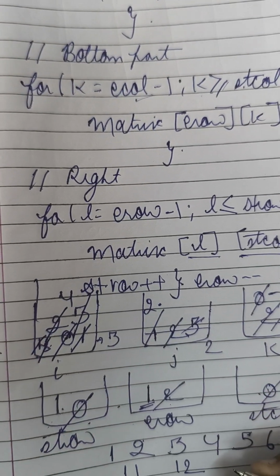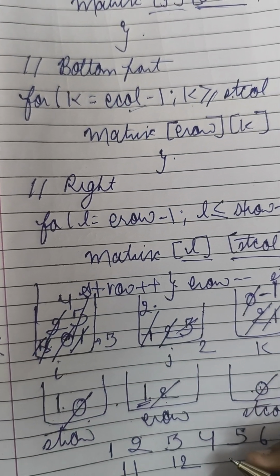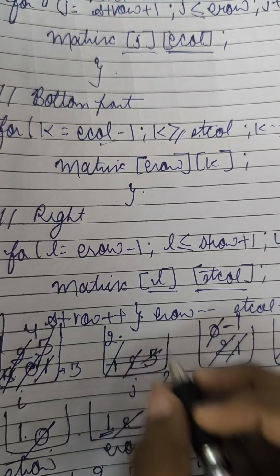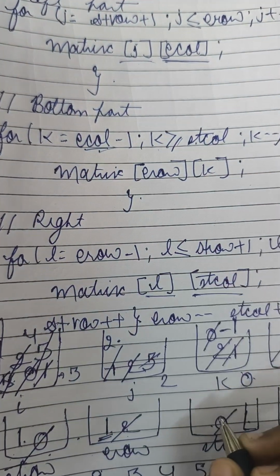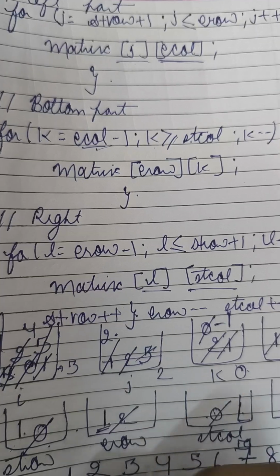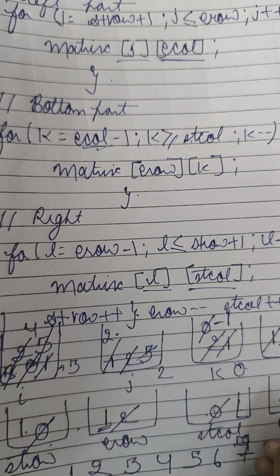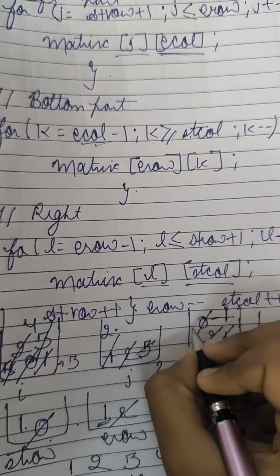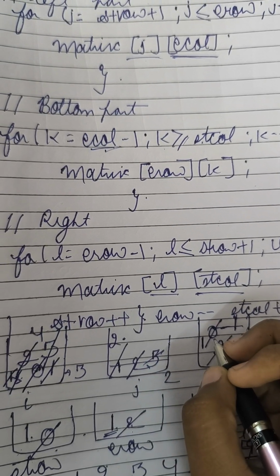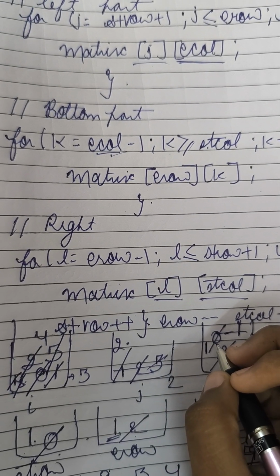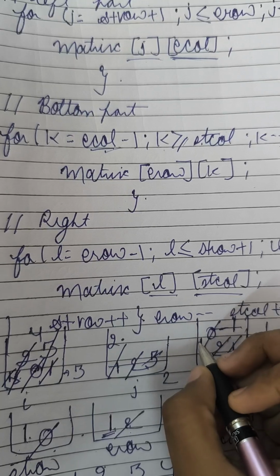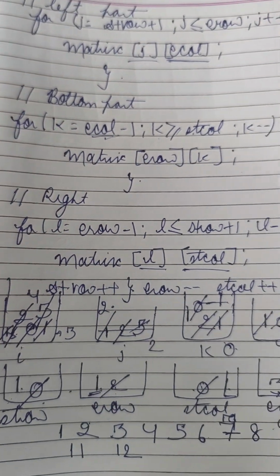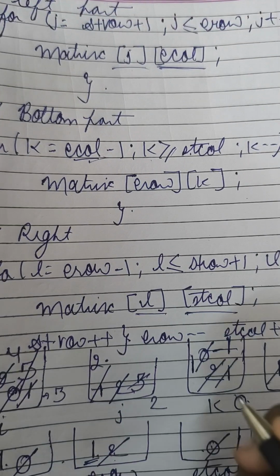Now the loop is going to move towards the bottom part. In the bottom part also, we have taken end column minus 1. Right now end column has become 2, so it will become 1 over here, right? Just observe, here only you are going to get the edge cases, okay? So observe it very carefully.